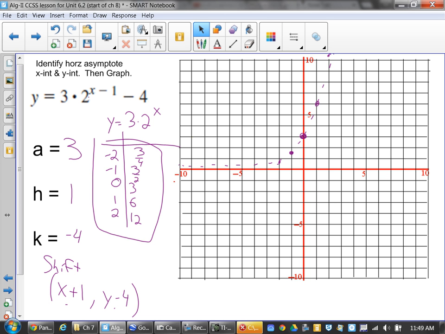Remember, the parent graph is the graph that's there to help you plot the real graph. So, one, negative 1. I go to the right one, and then I go down, let me change colors here. I go to the right one, then down 1, 2, 3, 4.